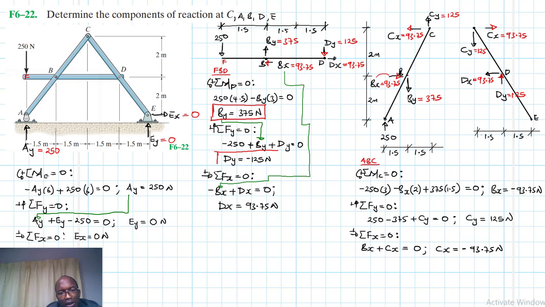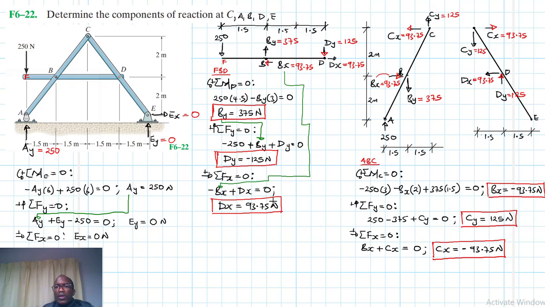We have a Dy there like so. We have a Dx like so. Okay. And then we have a Bx like so. Okay. And then we have a Cy like so. And then we have a Cx like so. And so on, right? Great. And then we have the other reactions here.